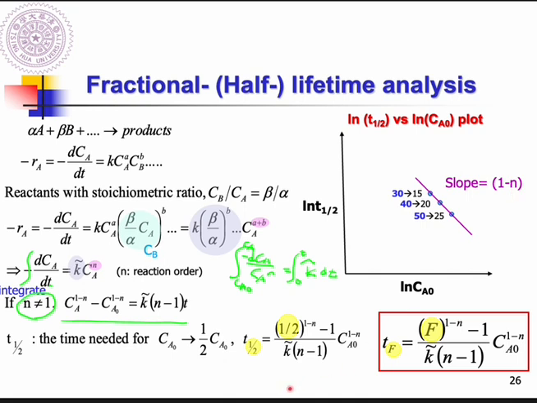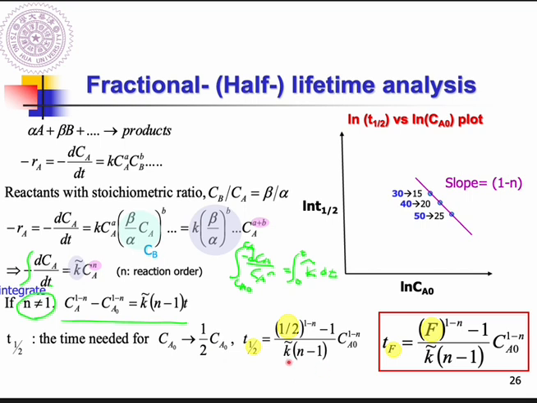Just a quick remark: the tricky part you need to pay attention to is that this relationship, this analysis method, can only be applied while your reaction order is not equal to 1.